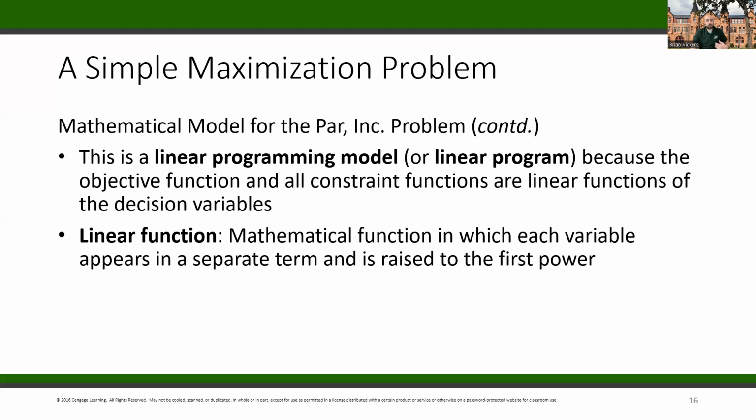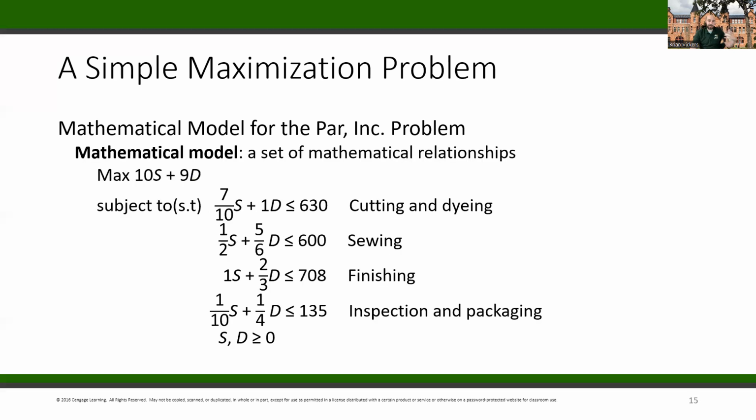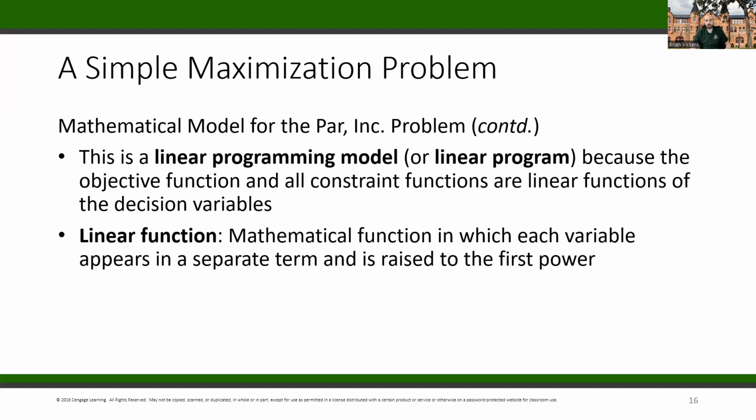And if we were to set this up properly in Excel with the proper numbers in the right places, we run it, and it will plug in the exact amount we should make for S and the exact amount we should make for D, and it's solved. That's the idea of a maximization problem. So we're going to show a quick idea of a minimization problem next.